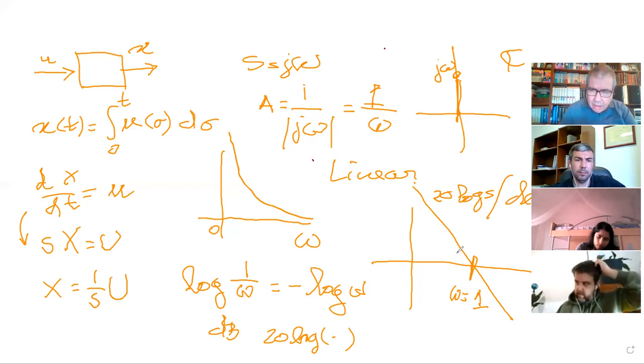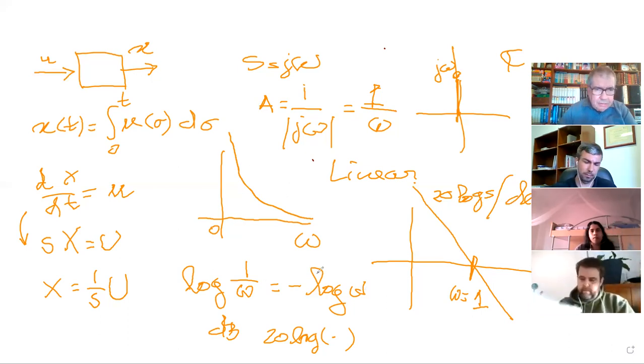It's just a matter of convention to express things in dBs. And you see that using logarithm coordinates transforms these curves into straight lines, which is quite useful. There is actually a technique that allows you to do these plottings.